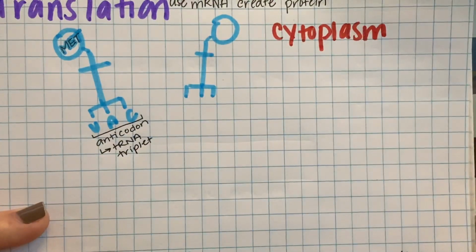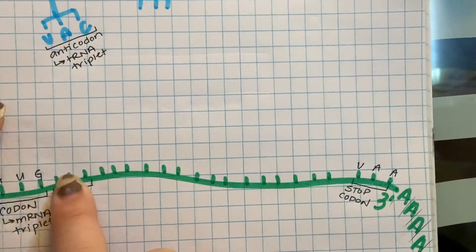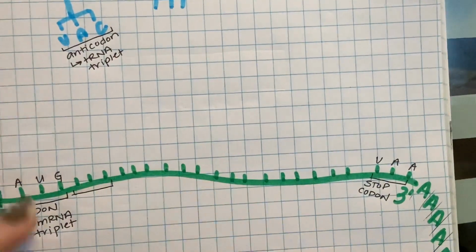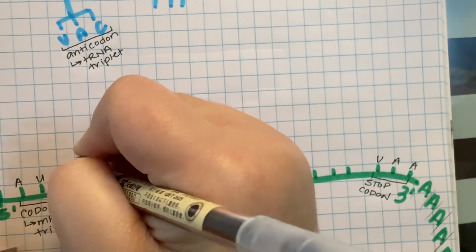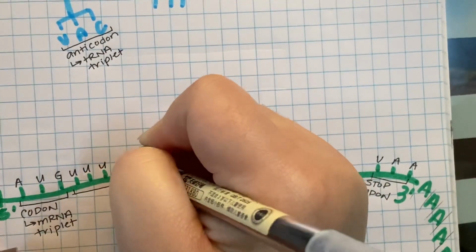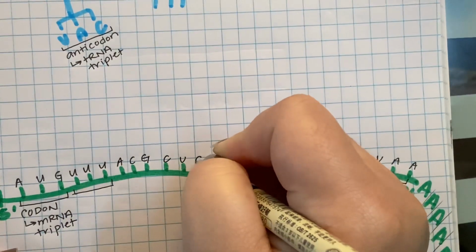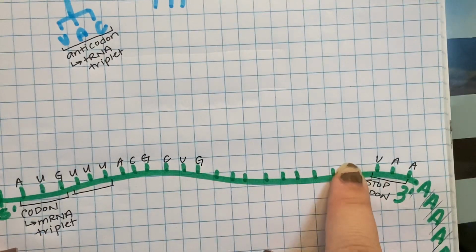So let's fill out a sequence here, and then we can make our tRNAs that complement. So let's do AUG, and then let's just do U, and then ACG, CUG. Let's just do that many, but understand there will be more.